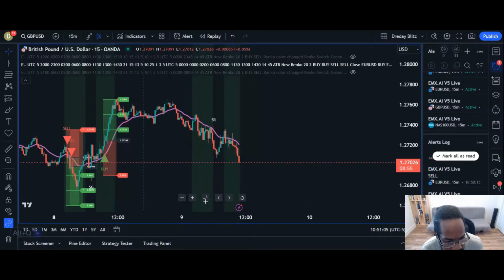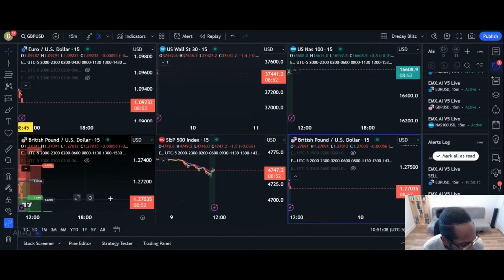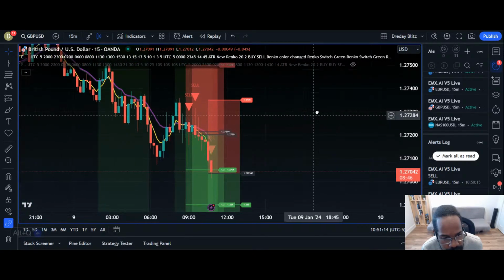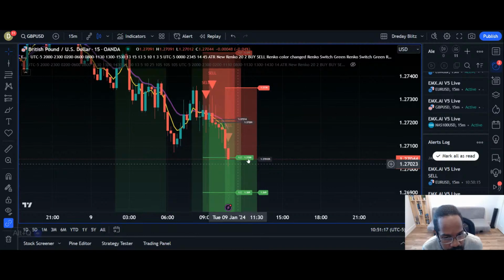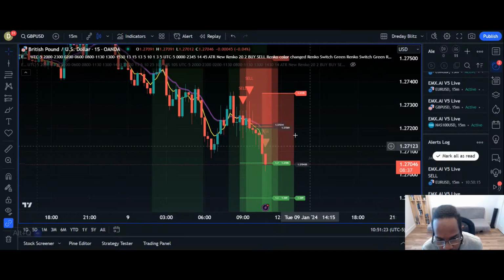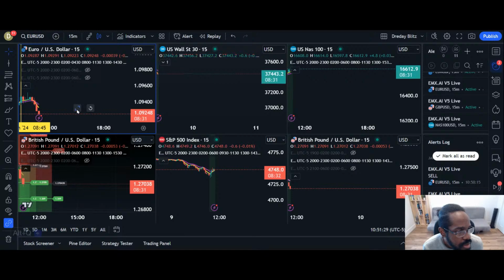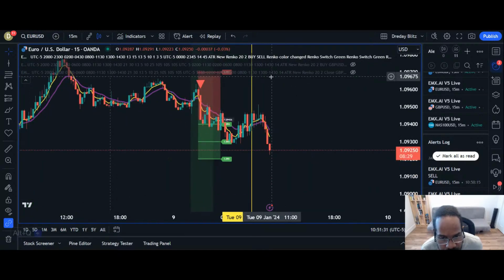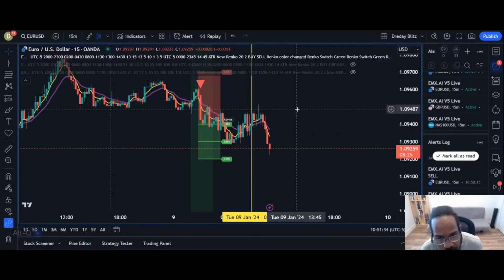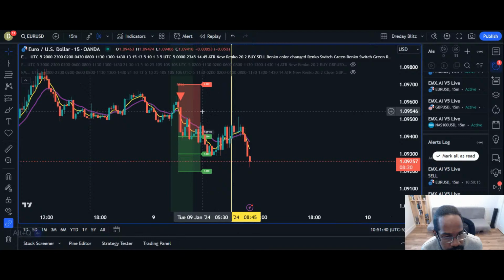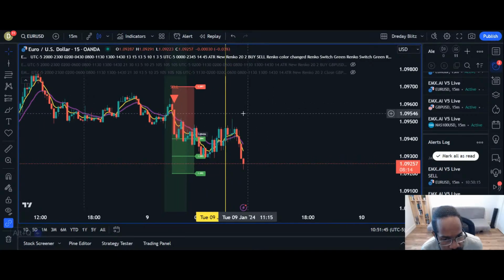Let me go back to this one because it's already there. So GU. If you're on that sell, looking good. We already had a sell here, but you had two sells here, so those two are currently in profit. And we have a sell on Euro USD. So if you're on that sell since London, it's still running.